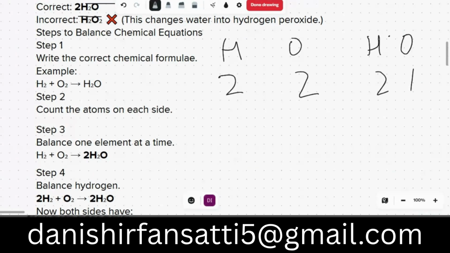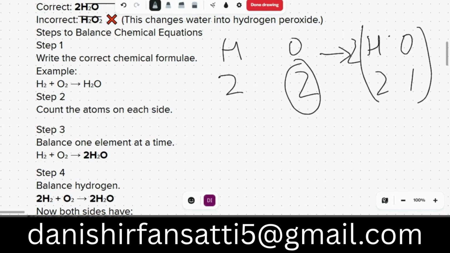So what do we need to do to balance that? First, we have two oxygen on the reactant side, so in the product we also need two oxygen, so we will multiply the water by 2. Then hydrogen will become 4 and oxygen will become 2, so the oxygen is balanced.